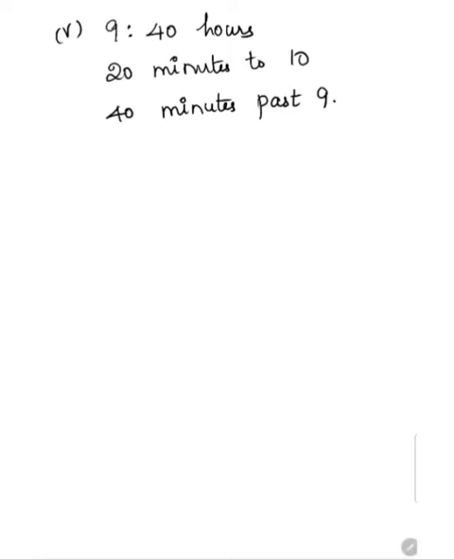The next question is, match the following: 9:55, 11:50, 4:15, 7:45, 2:20. Here: 20 minutes past 2, quarter past 4, quarter to 8, 5 minutes to 10 and 10 minutes to 12.